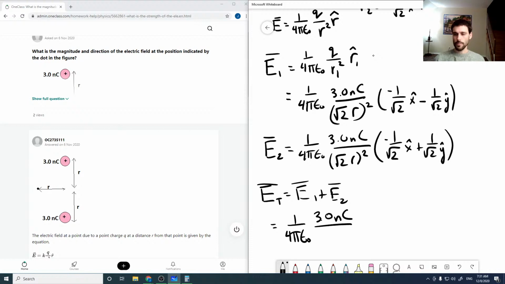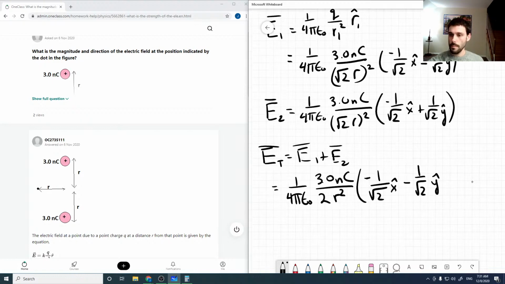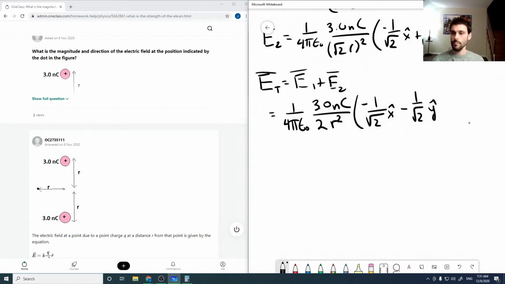I'm going to go ahead and square this so we get a 2 r squared. And then the vectors are going to add up. So 1 over root 2 x hat minus 1 over root 2 y hat minus 1 over root 2 x hat plus 1 over root 2 y hat. And now obviously the minus here and the plus here are going to cancel, and the x hat will double up.